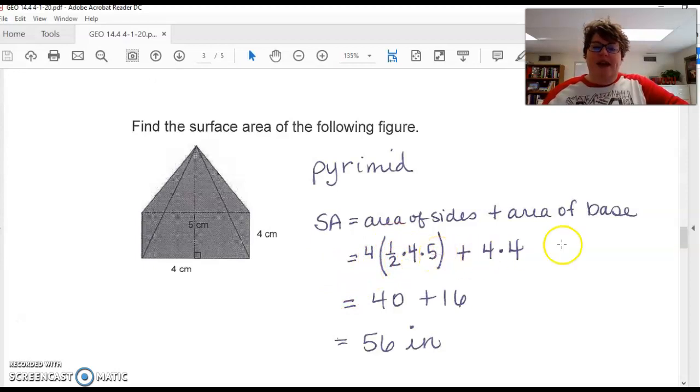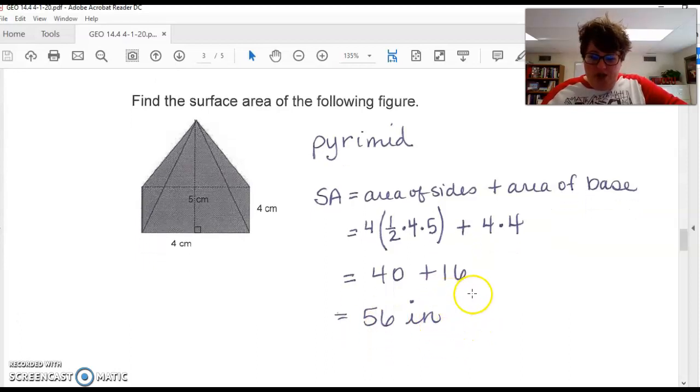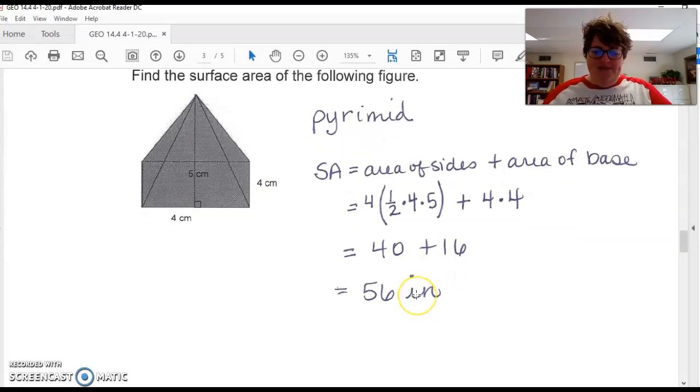And then area of the base, so area of my base is a square. It doesn't look it, but it is a square. And you have 4 times 4. And I forgot a squared right here. So please make sure you add 56 inches squared.